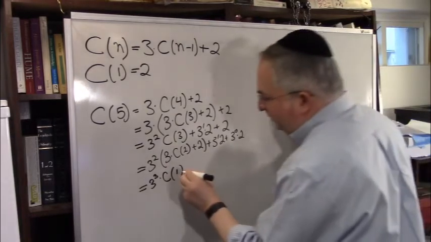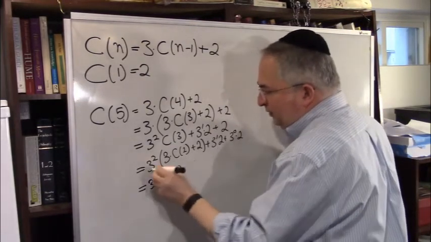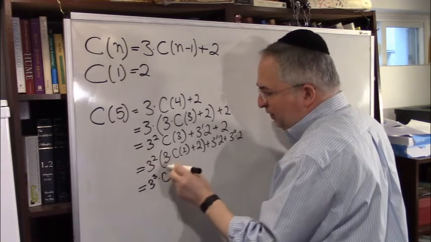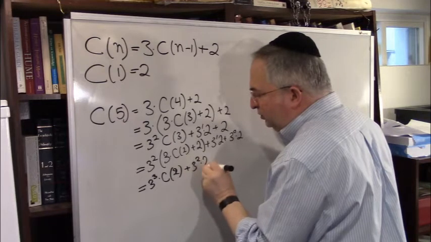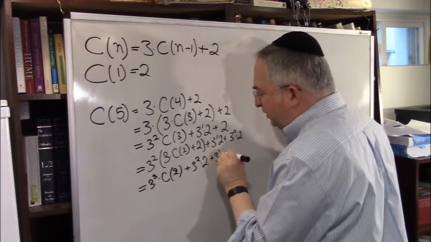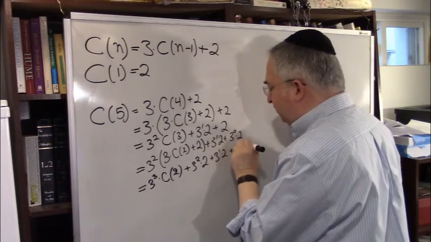Let's multiply it out. 3 squared times 3 is 3 to the 3rd times C of 2, plus 3 squared times 2 plus 3 to the 1 times 2 plus 3 to the 0 times 2.